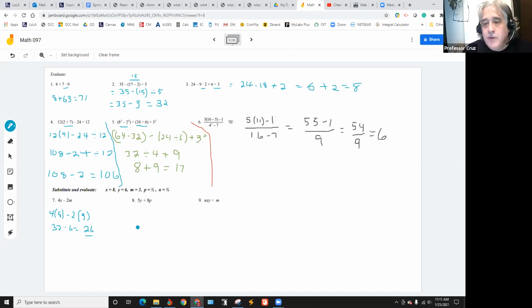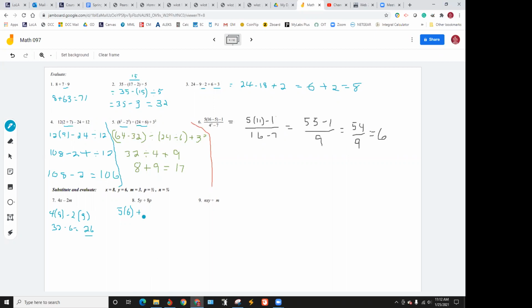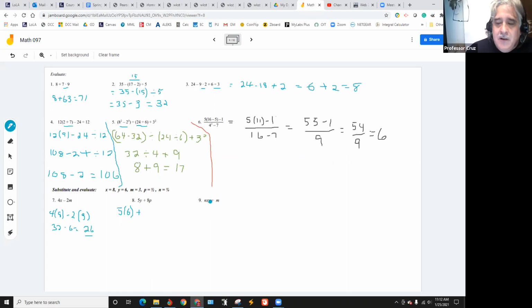All right, on this one, you just got to watch out because some of these numbers are fractions. But this is 5 times 6. And then that's a division. That is a plus, isn't it? Or is it a division? Yes, that's why I said it. We won't be using that little symbol. I don't know why they always put it in here.